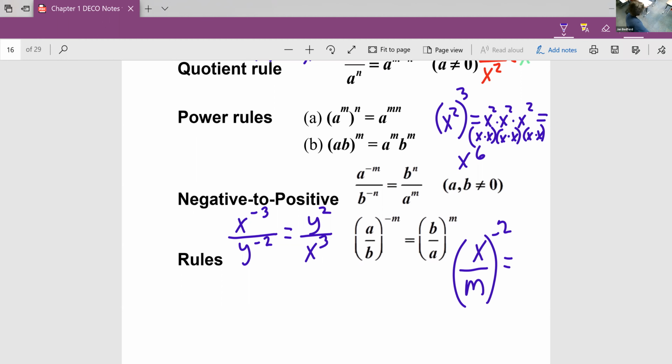What do I do to the fraction? Flip it. And that would turn it into m over x raised to the positive 2. Okay, so that's a quick review of all the different sign rules. Woo! And the exponent rules.